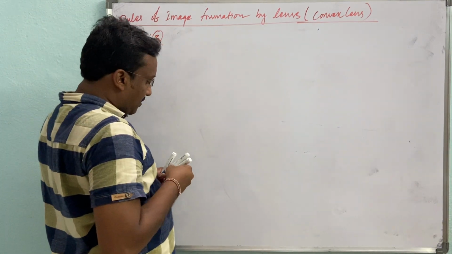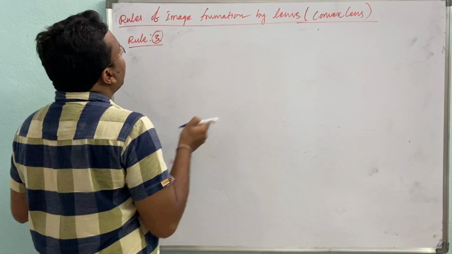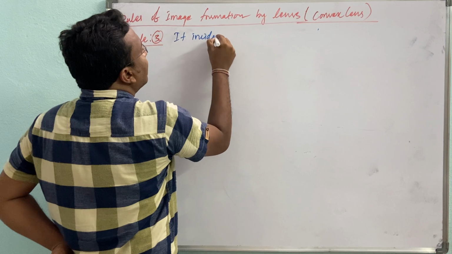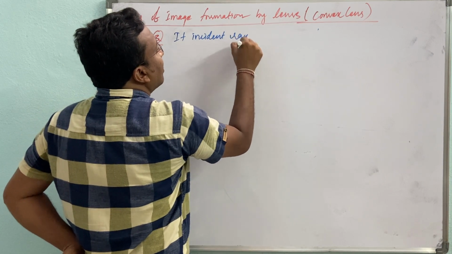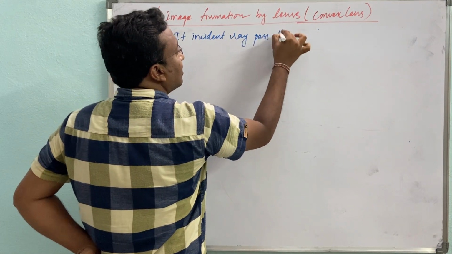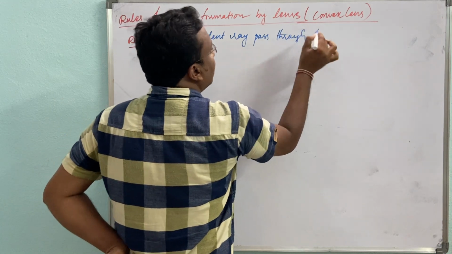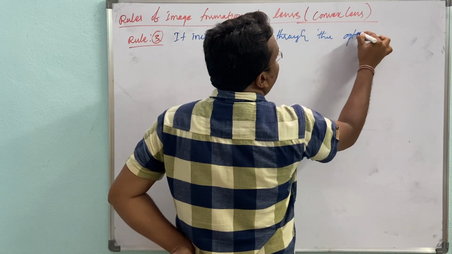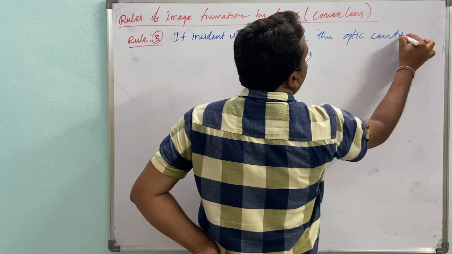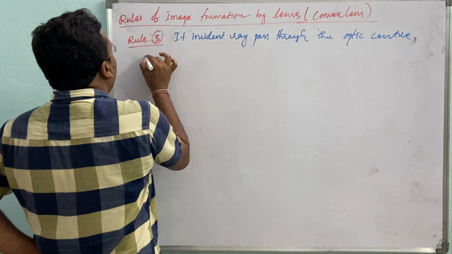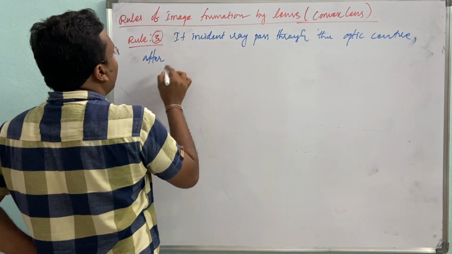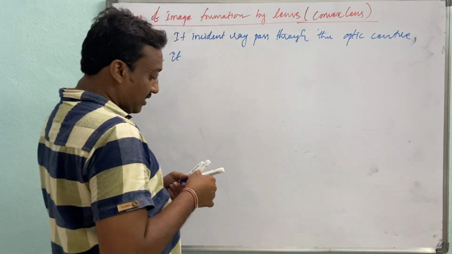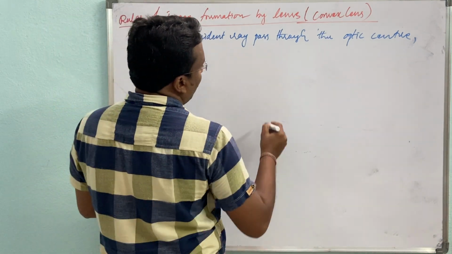Rule 3 says that if the incident ray passes through the optic center, how it travels after that, now I will show.